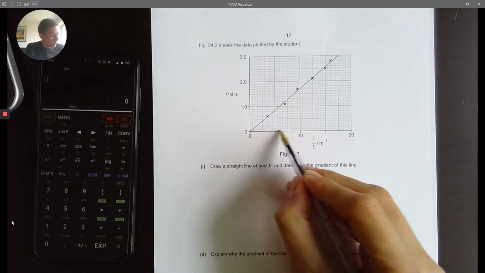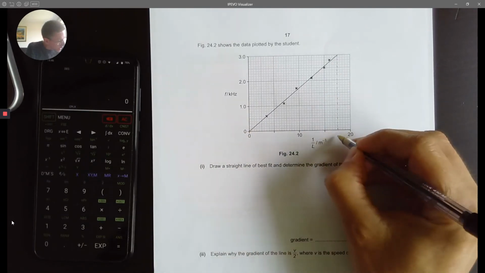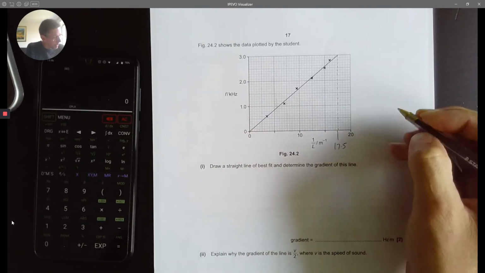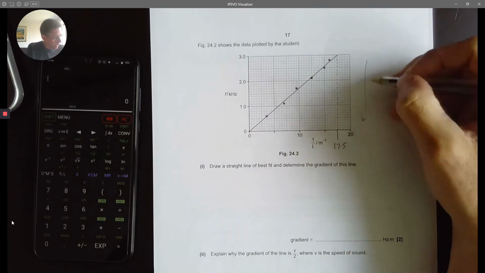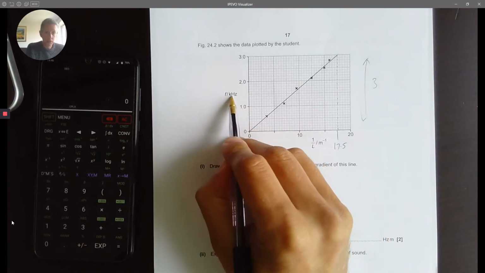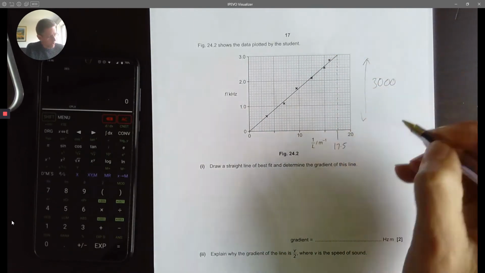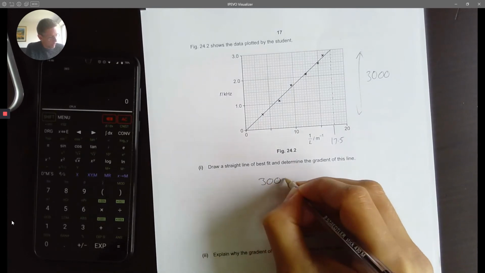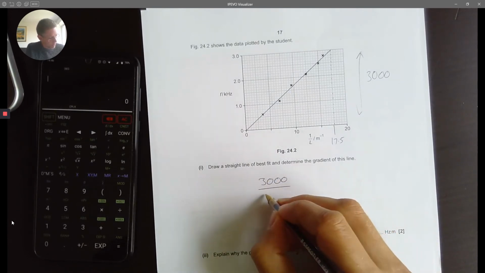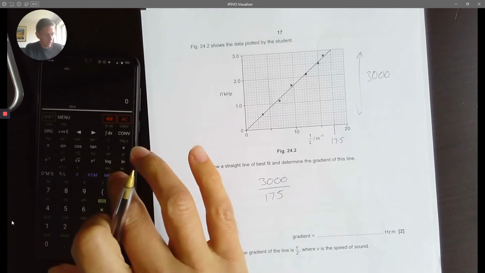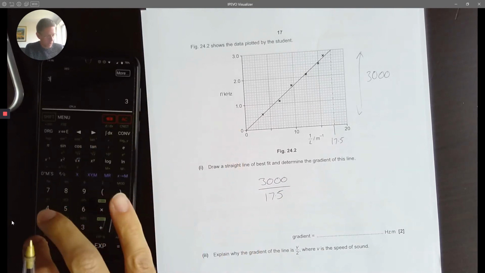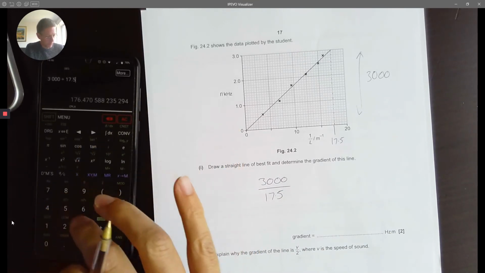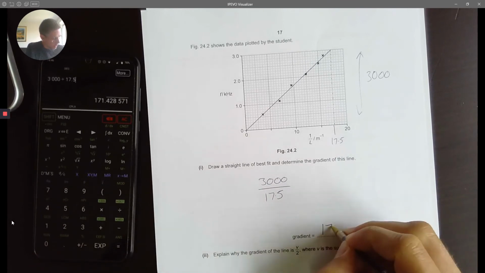So we can use this big triangle here. So that's 17.5, and that's 3000, don't forget the k. So gradient will be change in y divided by change in x, which is 171.